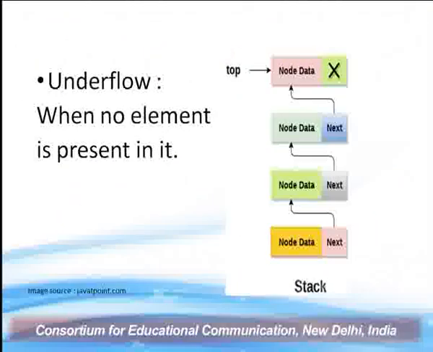So nodes are maintained non-continuously in the memory. There is no continuous allocation of the nodes in the memory, and each node contains a pointer to its immediate successor node in the stack, and the topmost node in the stack always contains null in its address field. Here we can see on the screen the way in which we can implement a stack dynamically.